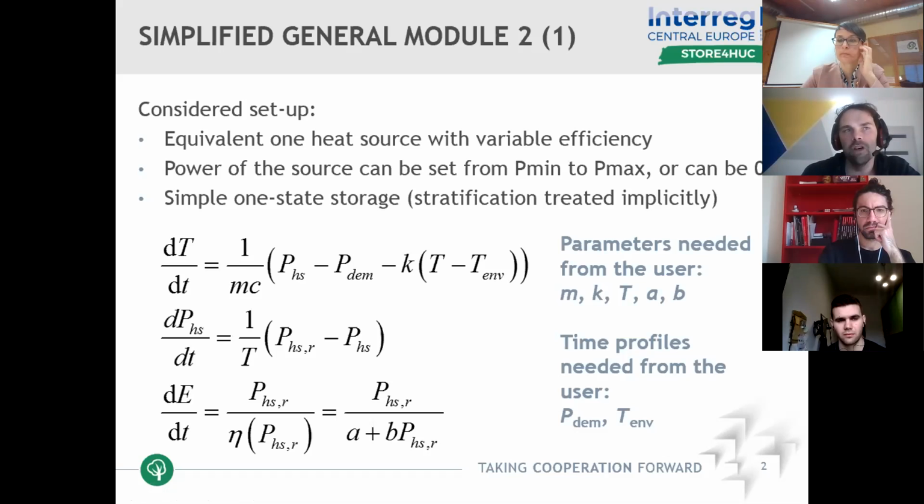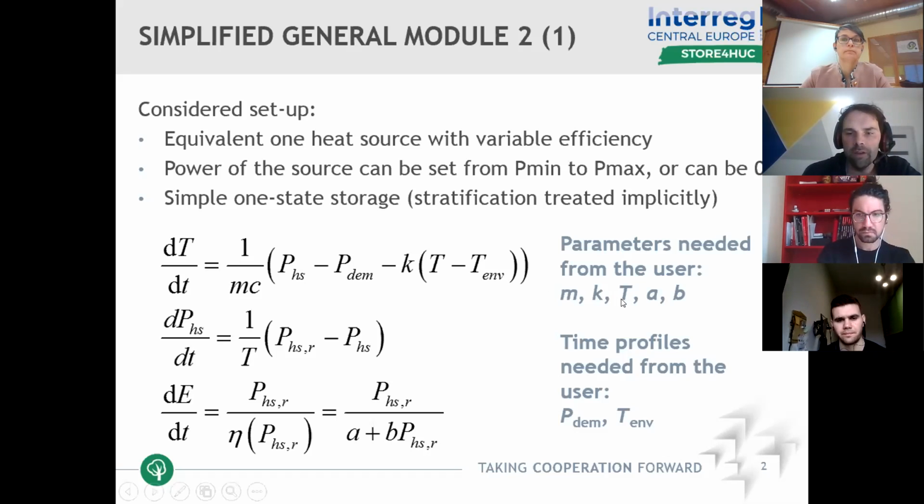Usually this data is available for the storage and provided by the designer, because he or she used a certain amount of insulation material and a certain thickness of steel for the storage, so this data could be known from it, and the designer should be aware of the losses the storage has towards the environment.